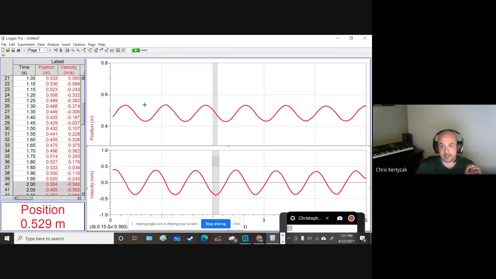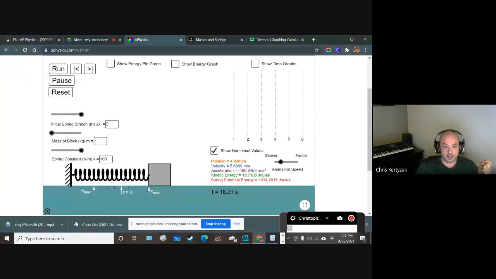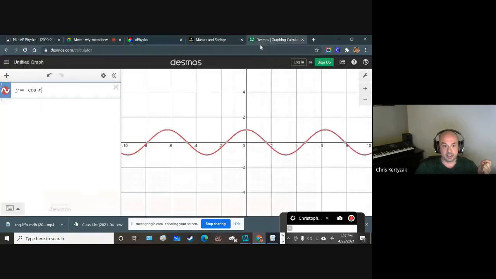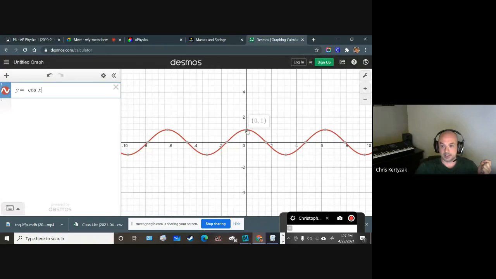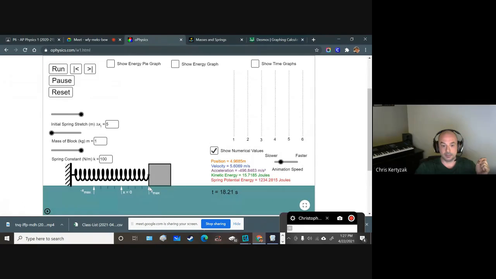And for that reason, and going back to the virtual one here, this would be like plus 0.4 meters, right? So back over to here, this would be like plus 0.4 meters. I mean, I can't change this. This is plus 1. This is Desmos, but this would be like plus 0.4. And that would be a good fit for something that is starting at its maximum positive position.